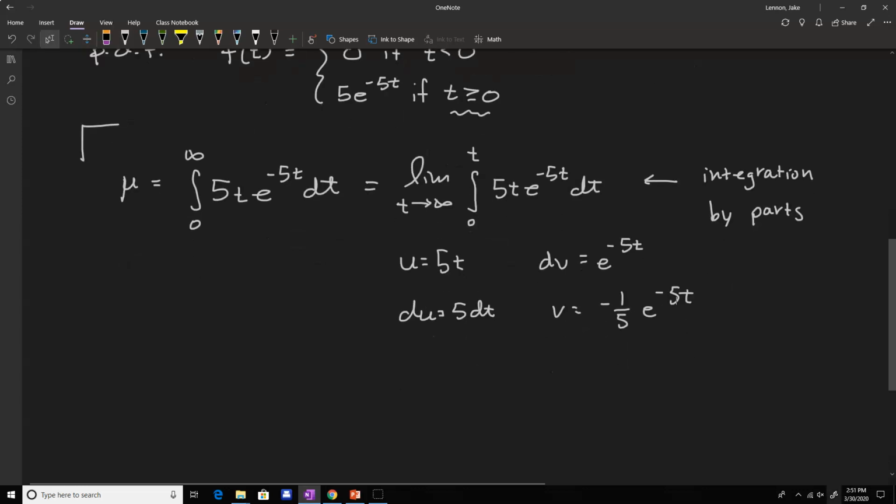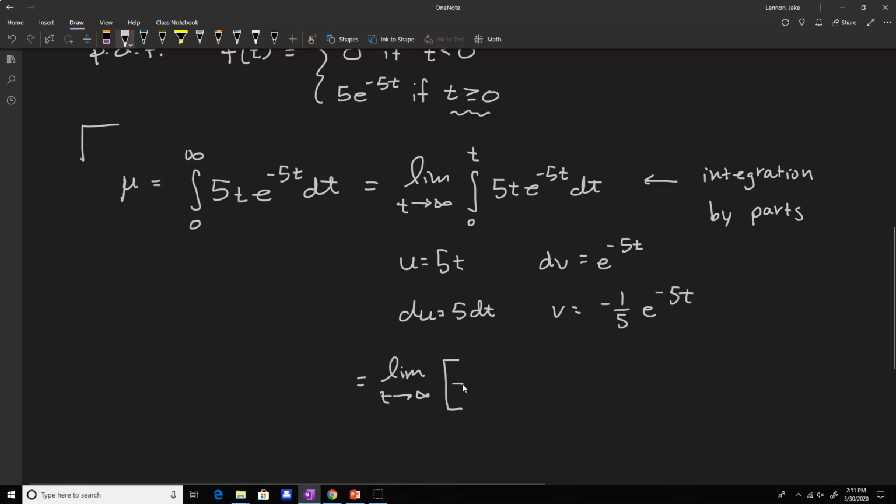So then our integral becomes, we still have that limit as t goes to infinity of, so we do uv minus the integral of v du. So we have negative e to the negative 5t. So the 5 from u, oh, I forgot the t in front, minus t. But the 5 will cancel with the minus 1/5 and just leave a negative in front.